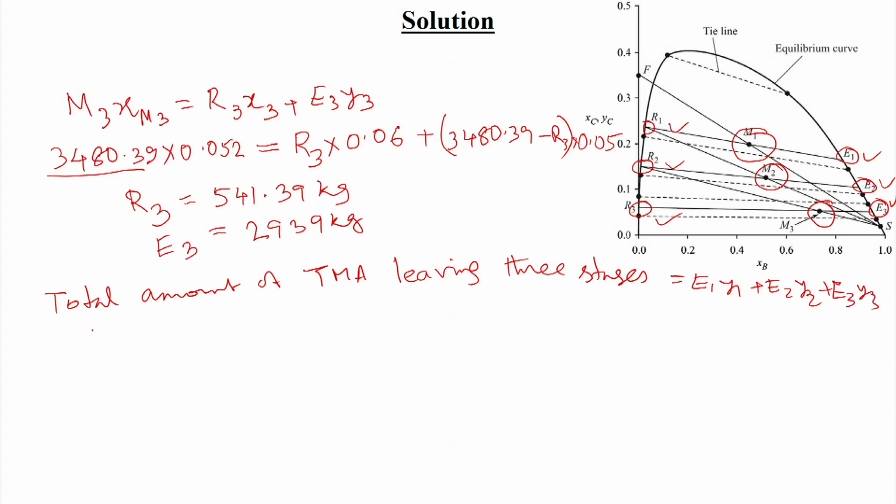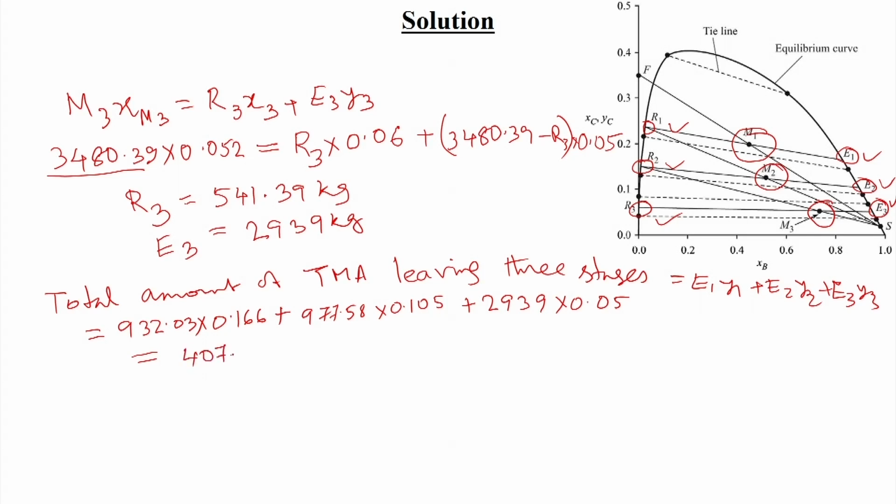E1 is 932.03 into 0.166, plus E2 is 977.58 into 0.105, plus E3, whatever we got, 2939, and Y3 is 0.05. This total amount comes out as 407.3 kg.